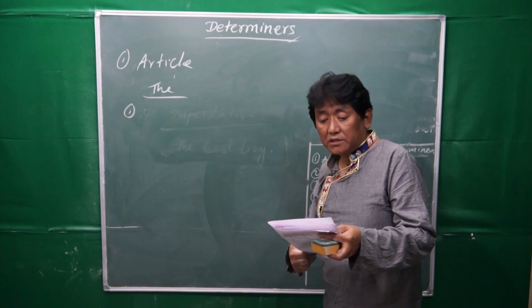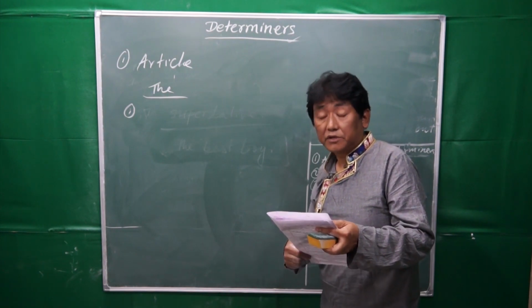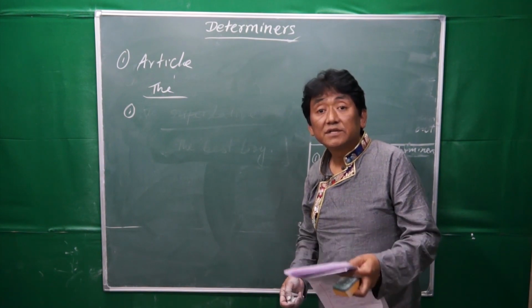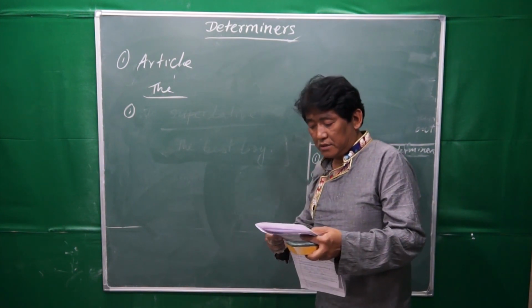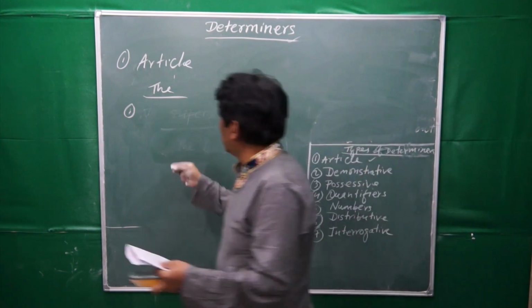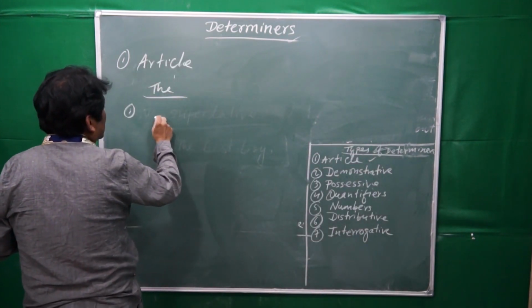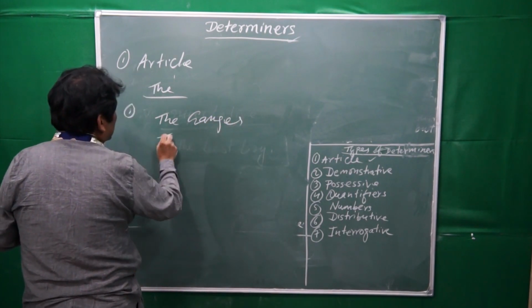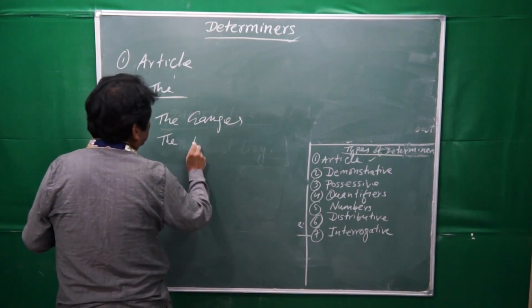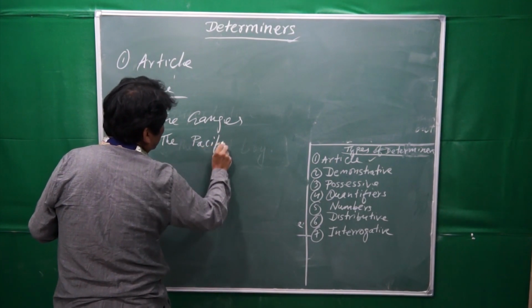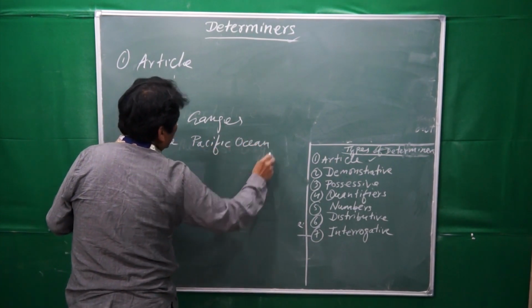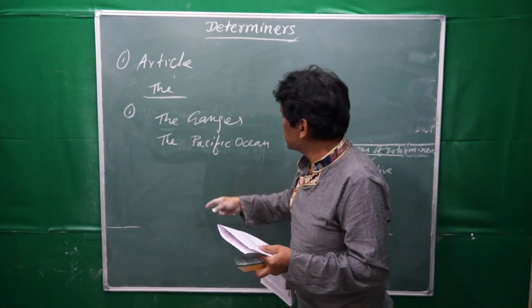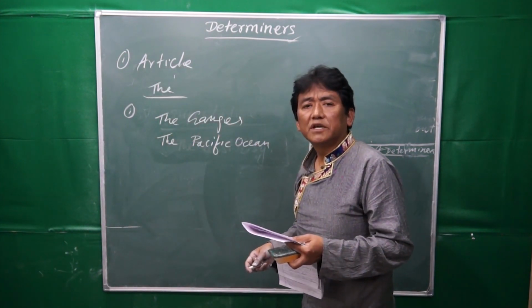And number three is that it is used in front of water bodies like ocean, sea, and rivers. Rivers, we write the Ganges, right? The Pacific Ocean, and also we have the Arabian Sea, right?